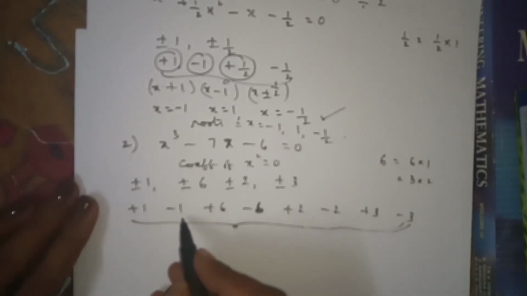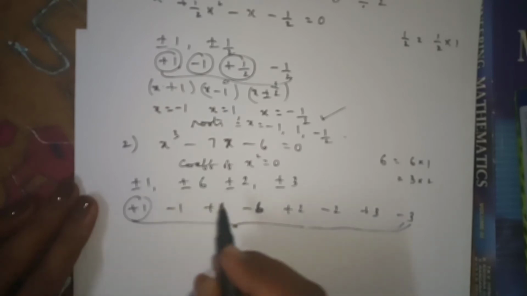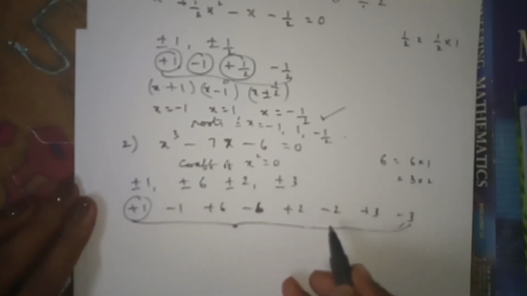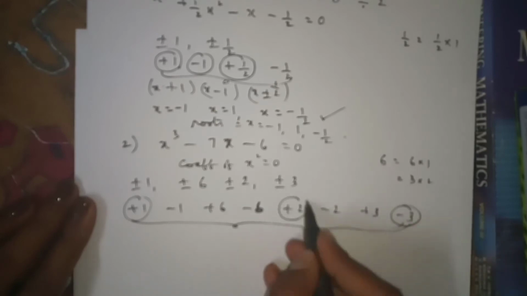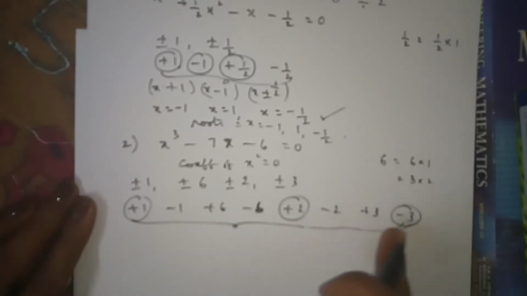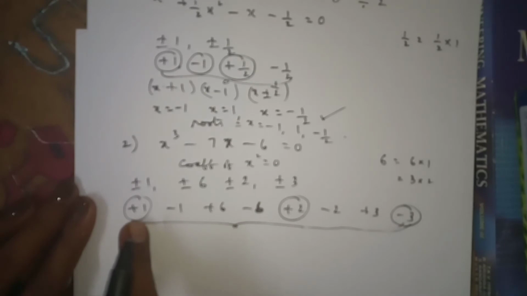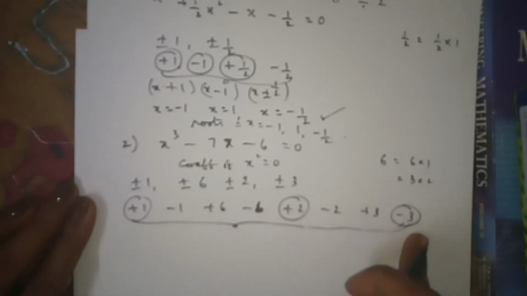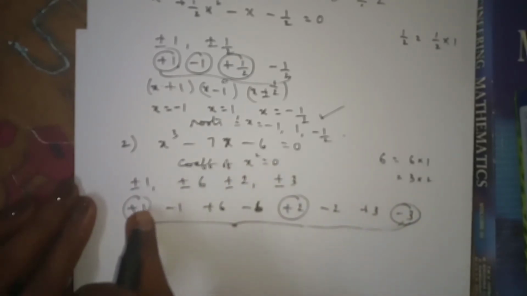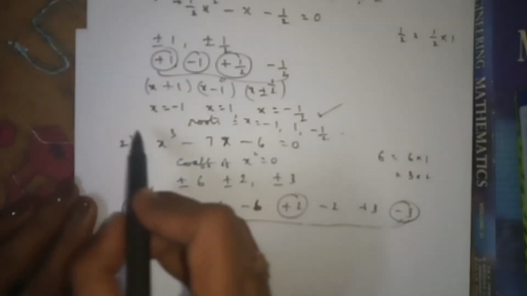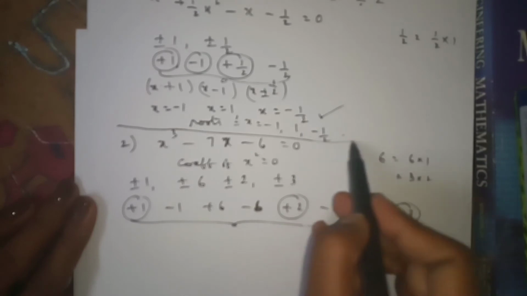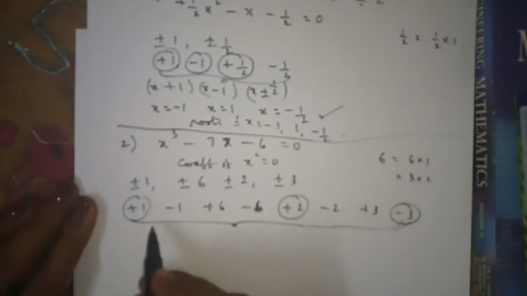For x cube minus 7x minus 6, we choose plus 1, plus 2, minus 3. If you add plus 1 plus 2, it is plus 3, minus 3 gives 0. Multiplying, 1 into 2 is 2, and 2 into minus 3 is minus 6. So we get plus 1, plus 2, minus 3.